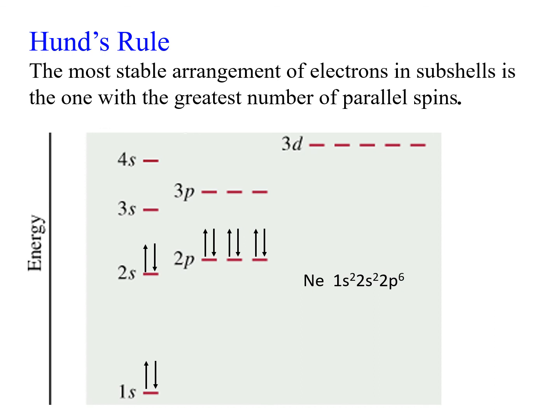And so neon's electron configuration is 1s2, 2s2, 2p6. Keep this in mind as we go from neon down to argon in the periodic table, and so forth. We're going to still have this s2 p6 arrangement with the valence electrons in noble gases.